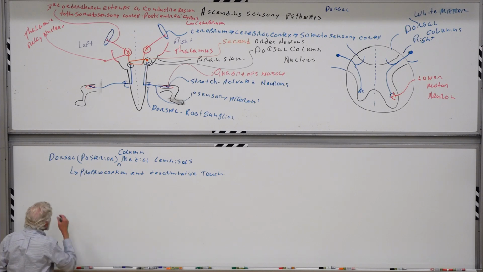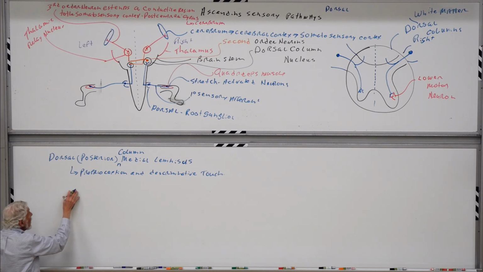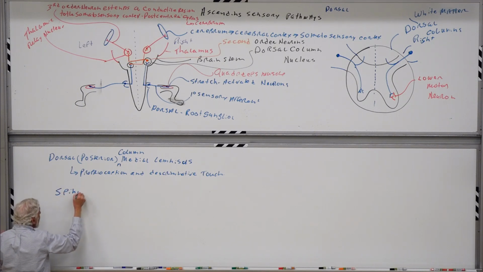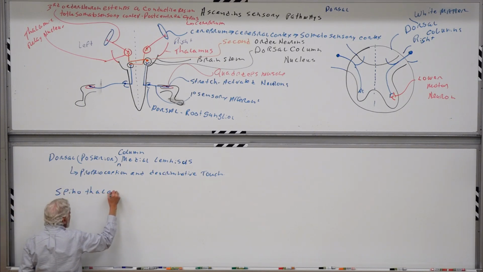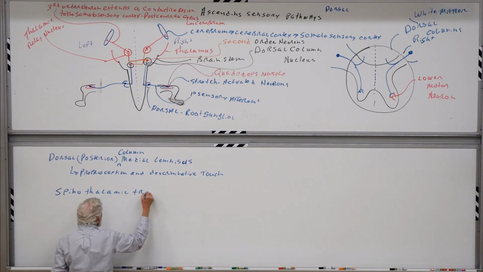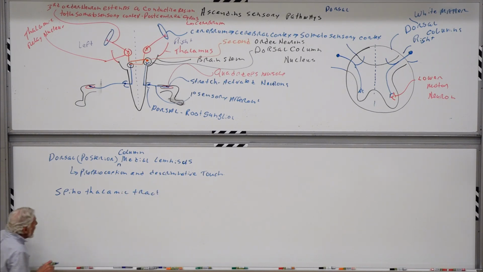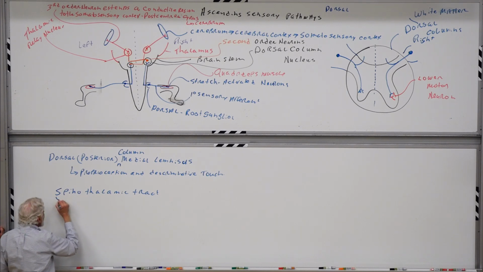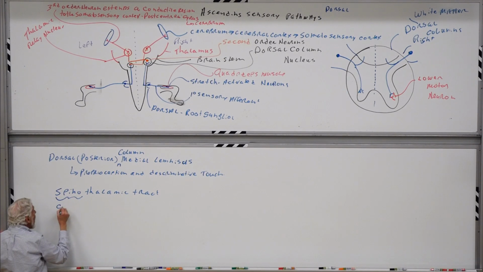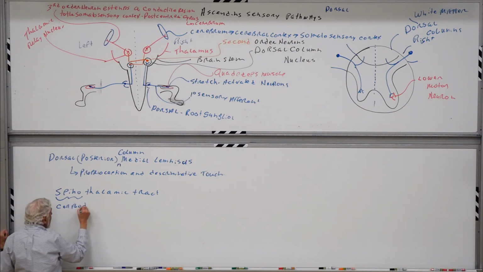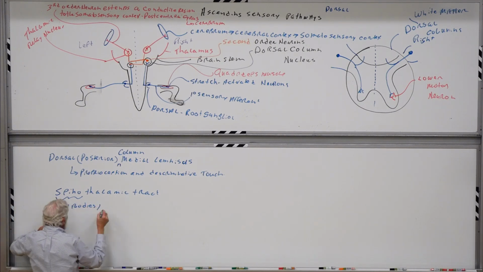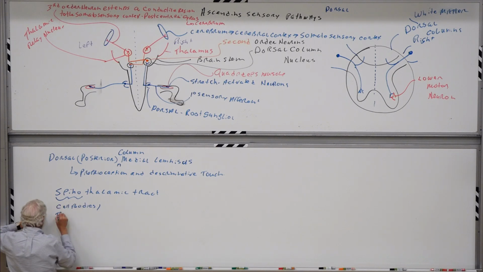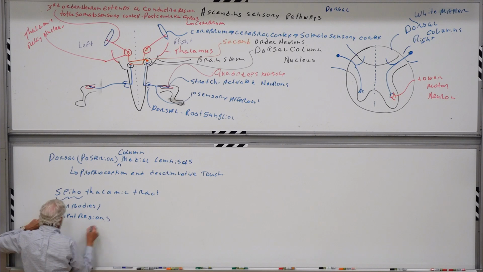But there's another set of modalities that we're going to see is carried in a region called the spinothalamic tract. Again, let's unpack this word. If we unpack the word, it tells us spino, it means the cell bodies or input regions are located in the spinal cord.